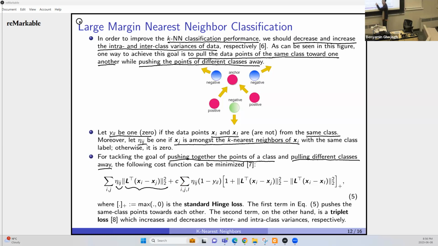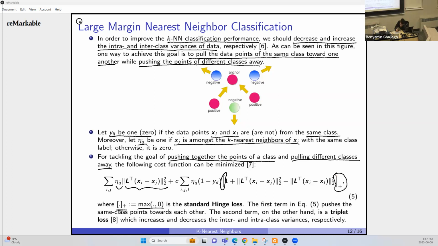Why do I have a sum over i, j, and l? These are all indices of data points from 1 to n. So i from 1 to n, j from 1 to n, l from 1 to n. Because I have triplets: anchor, positive, negative. I have 3 points. So I have these and also these. Let's talk about this. What is this? First off, what is this notation that I'm using?